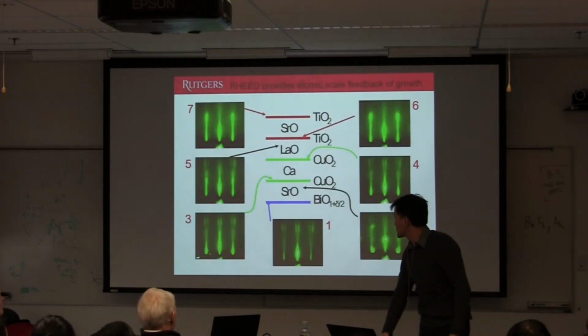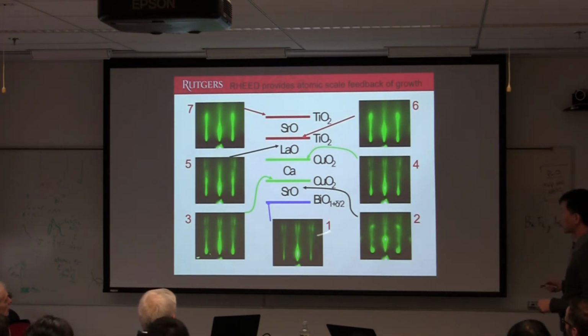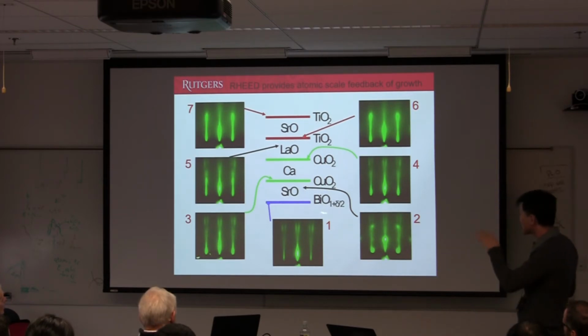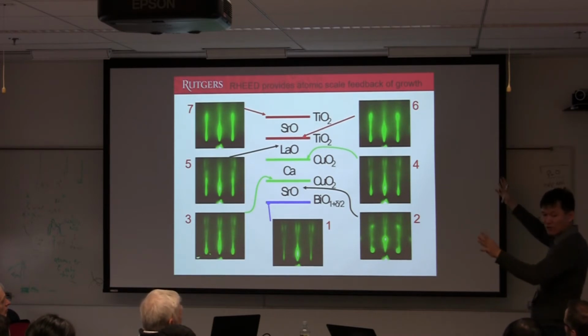But you can go a step further. This is just an oxide example, but here the whole pattern changes. This is some bismuth oxide, strontium oxide, some old superconducting oxide film. In this case, simply looking at the RHEED oscillation doesn't mean anything, because the whole feature changes.